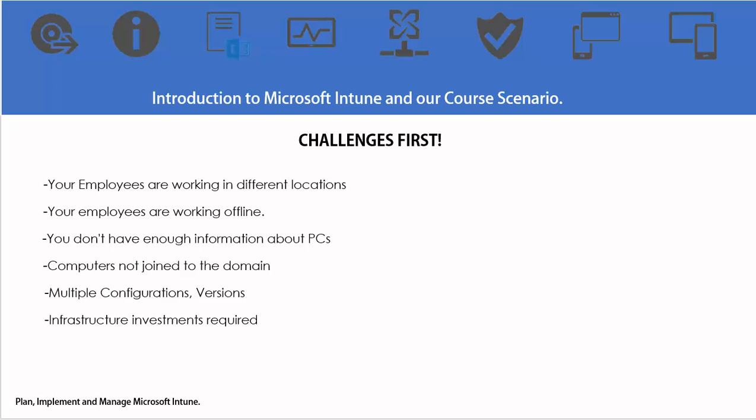Is it a Dell? Is it Lenovo? Or is it HP? So you have no idea what kind of devices they are. You don't have an inventory list. You cannot see what kind of devices the employees are using. So this is another challenge for you.